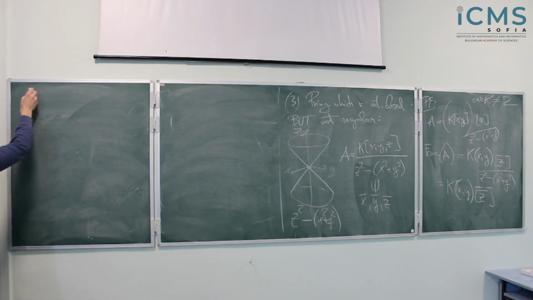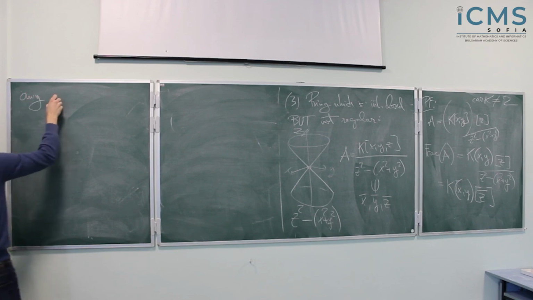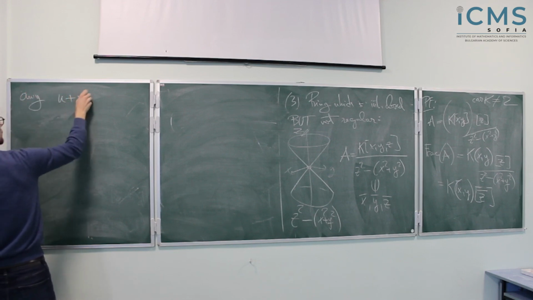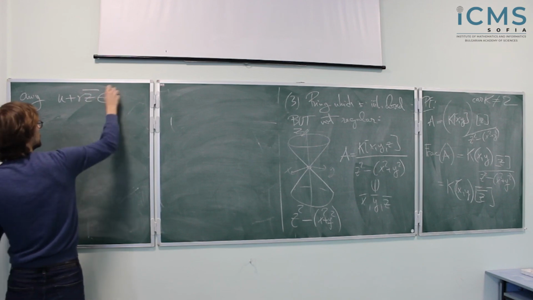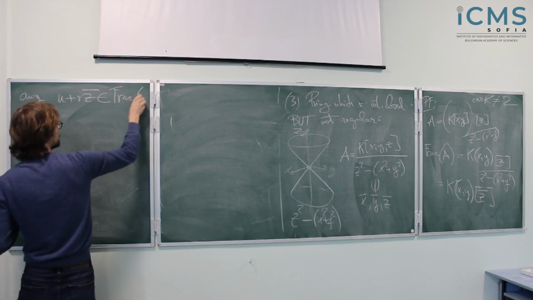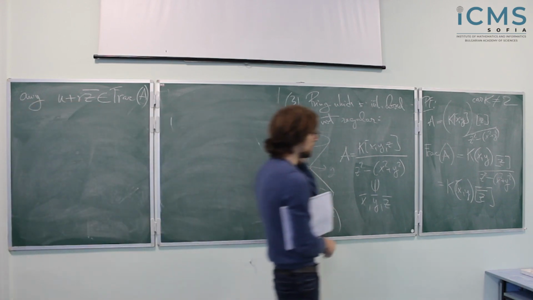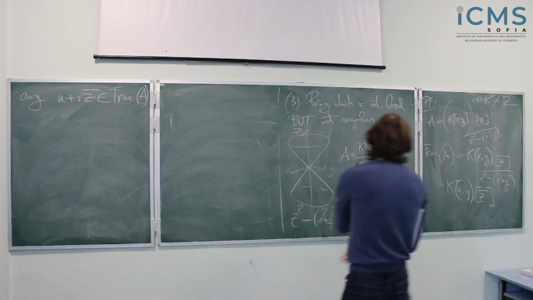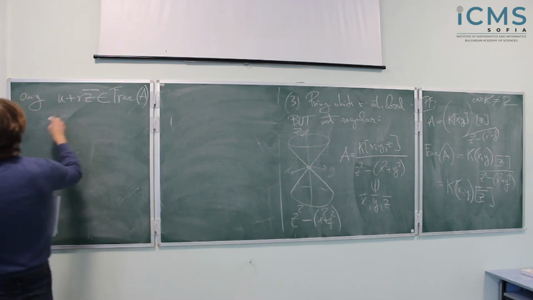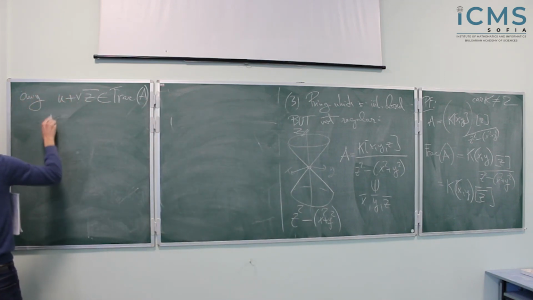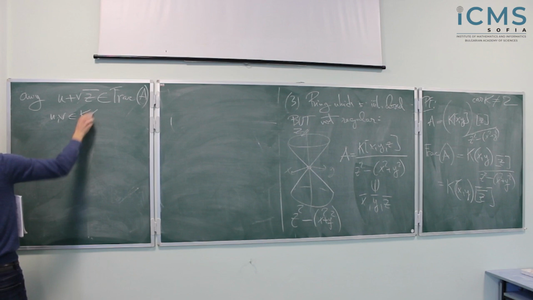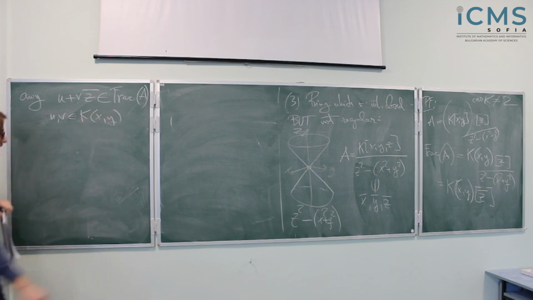So if I take an element from the fraction field, it will show up like this. So it will have coefficient elements u and v. Well, this is v, like this.